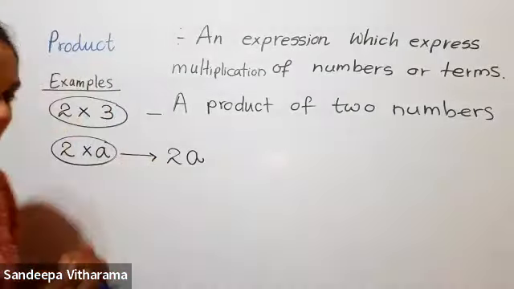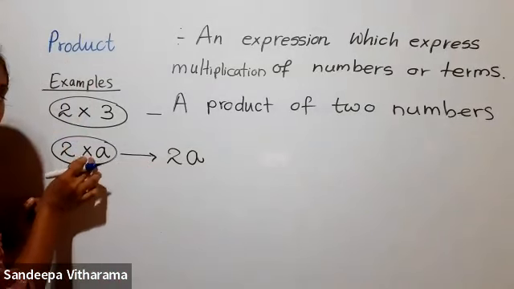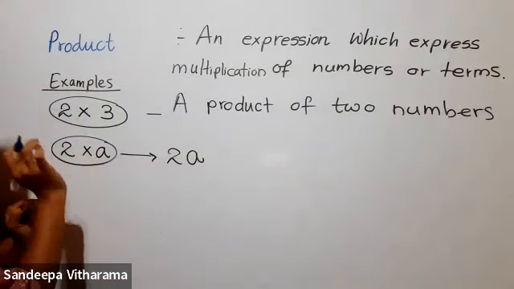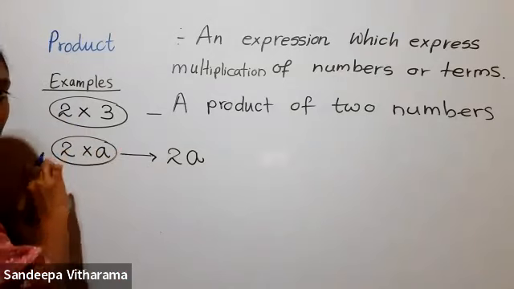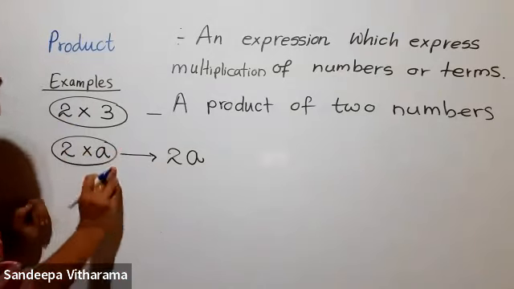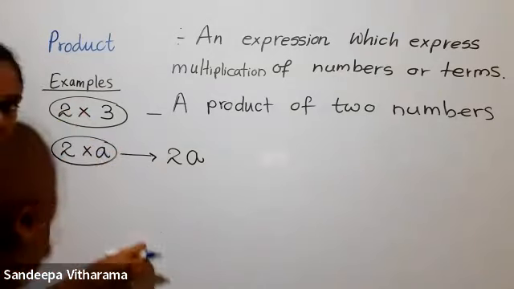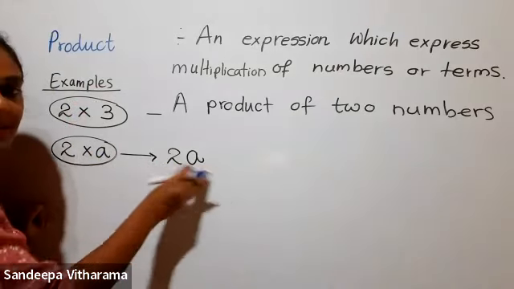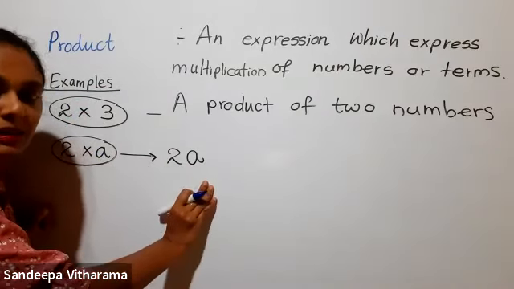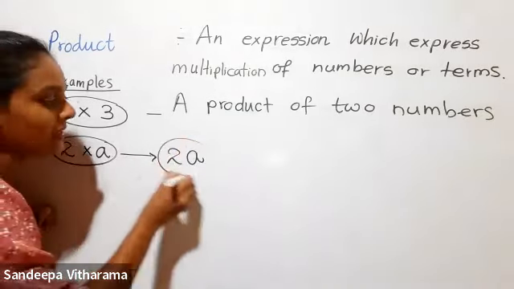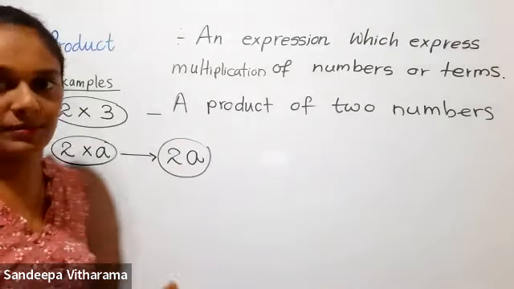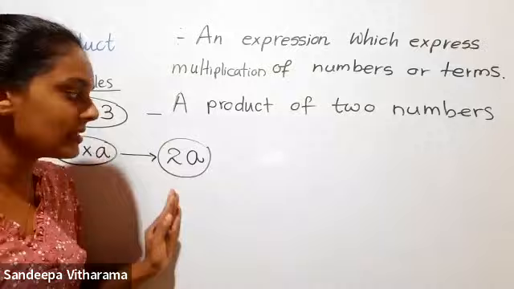When there is a multiplication between a number and an algebraic term, the multiplication symbol is removed and we write the number and the term together. Then it forms a particular single term. Anyway, we can say this is a product.